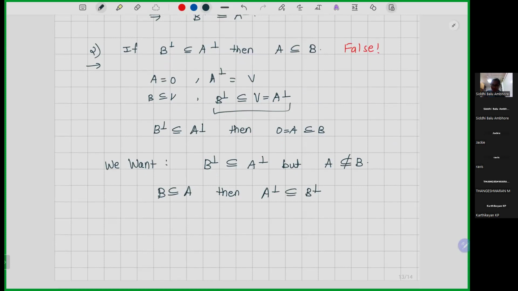But again, we are in a loop now. We are just changing the names of A and B, and landing on the first statement, which is true, which we just proved. So the counterexample should be specific, like V equal to R2 or R3 or a set of functions, whatever you like, with an inner product.